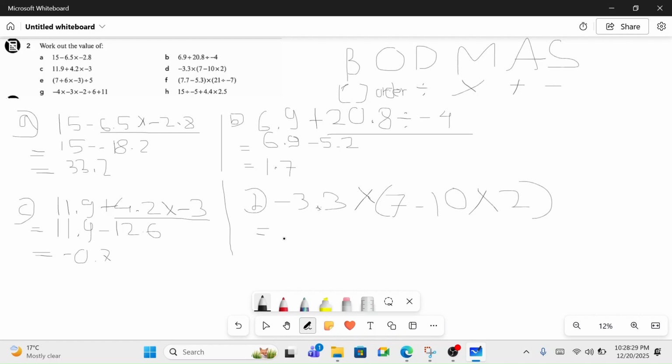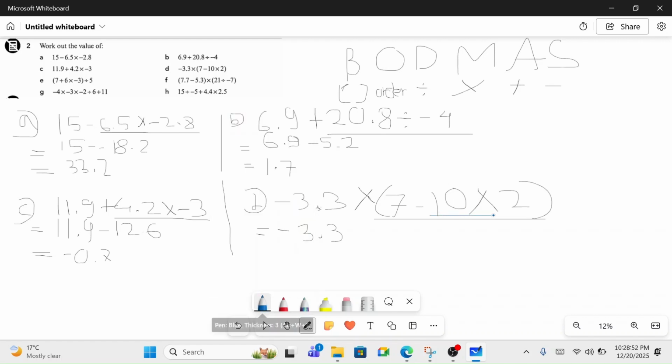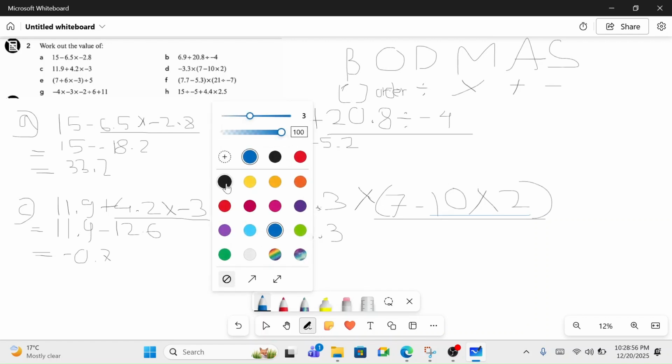So here we must first work with whatever is inside the bracket, because bracket is the first amongst all in this. Now we also have to look at what's inside the bracket. Inside here is multiplication, so we will work with this: minus 10 times 2.